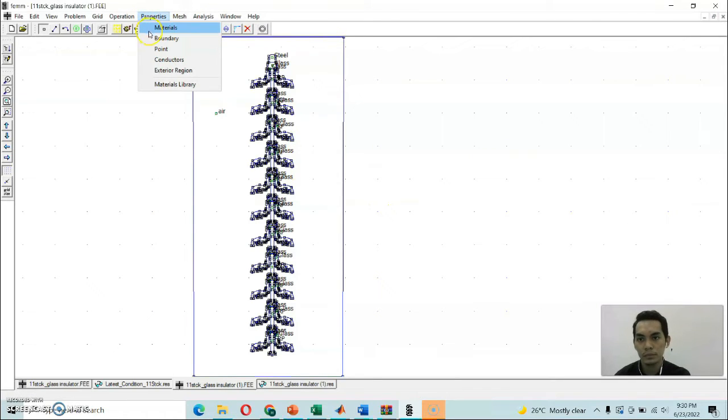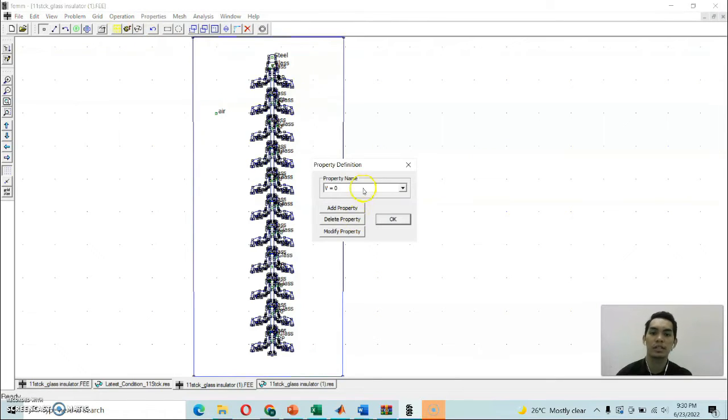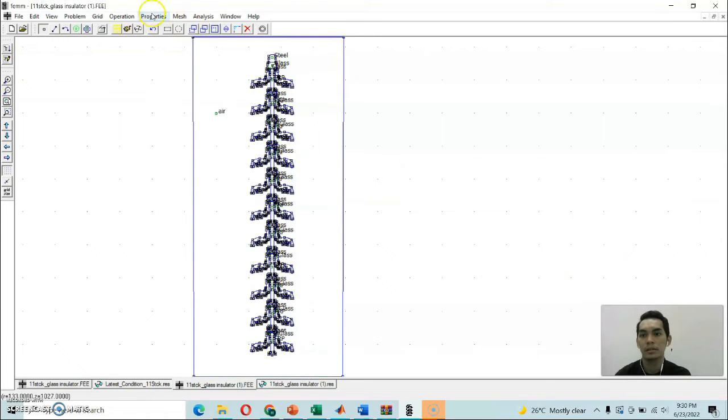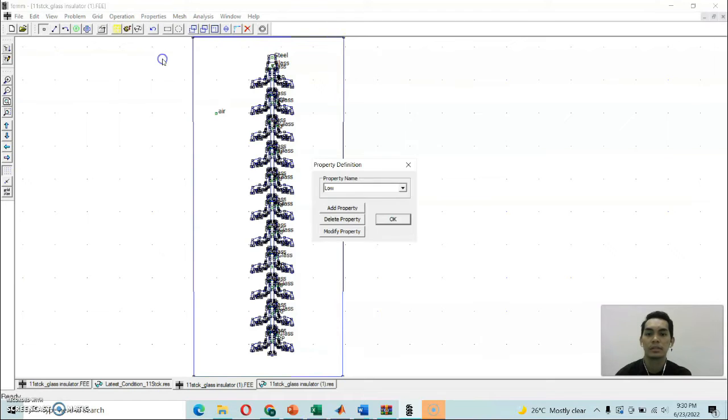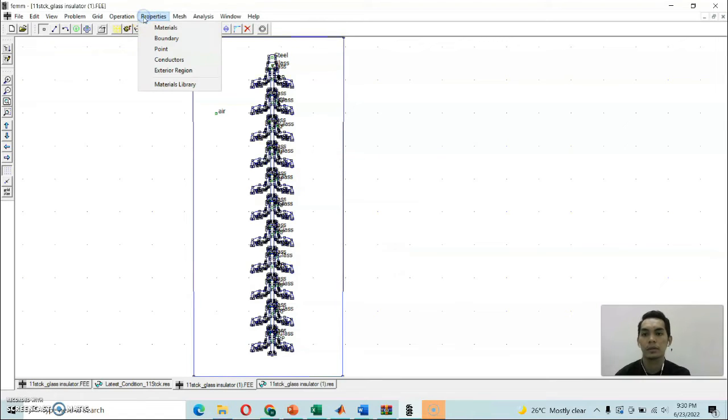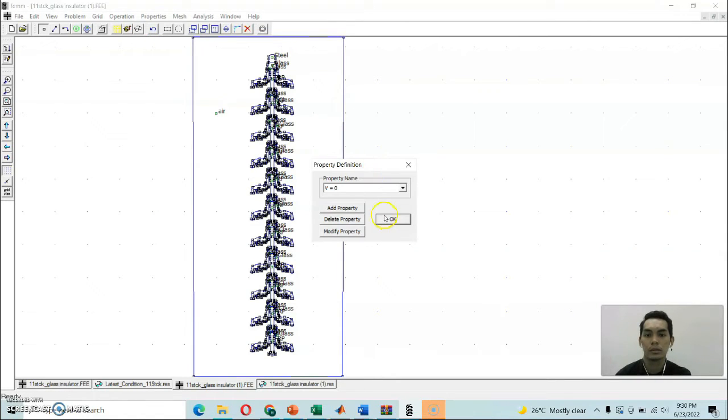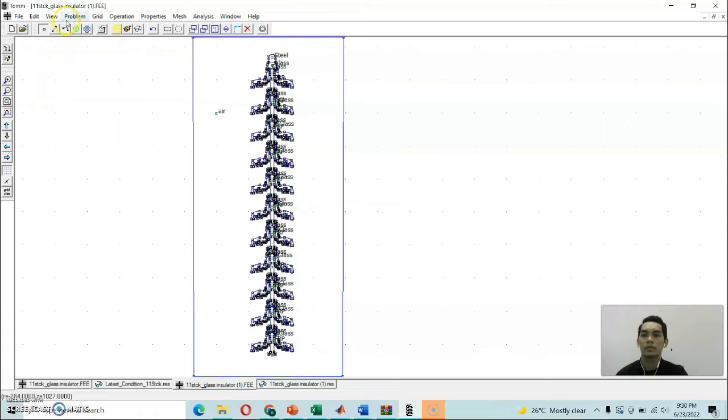Then we must also set the property, which is V equals 0. Then we also must check the conductor, low and high. After that, we can simulate our design.